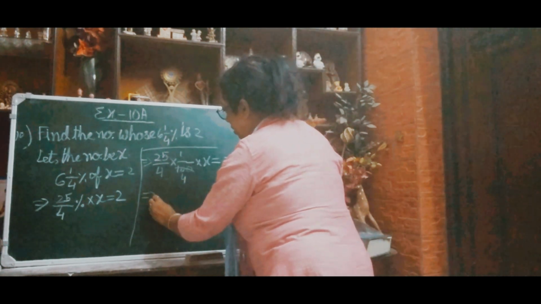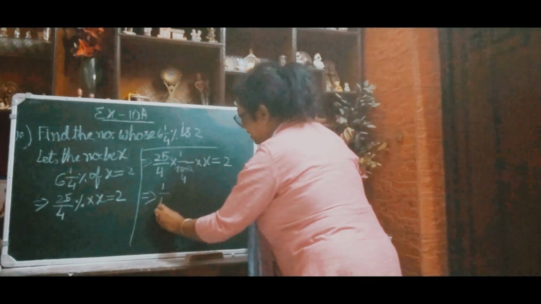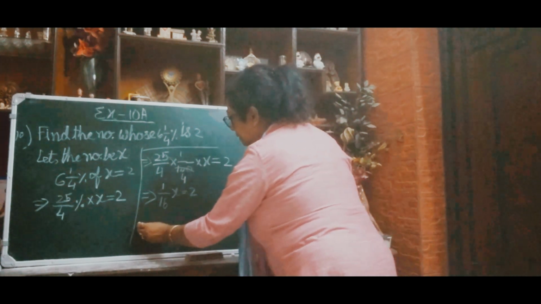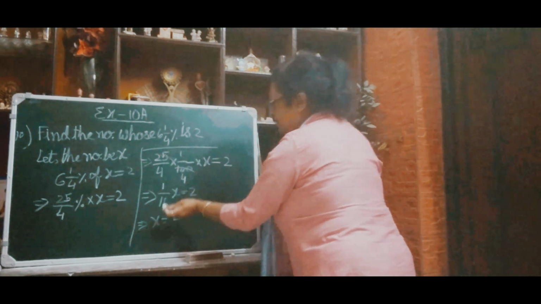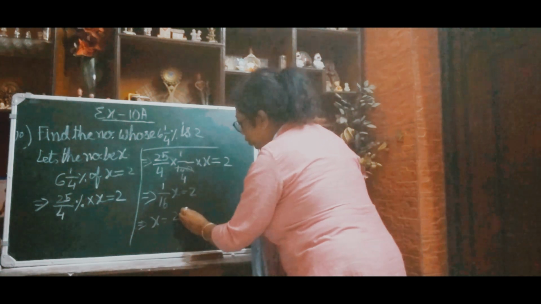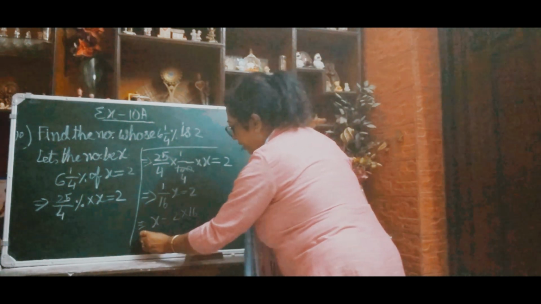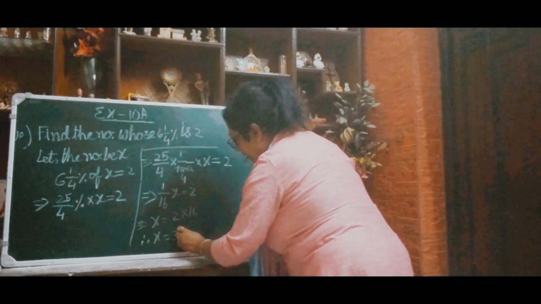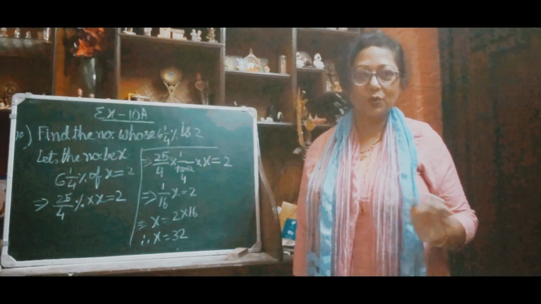So we got 1 in the numerator, and here 4 fours are 16, so x upon 16 equals 2. That implies x equals 2 into 16, so x equals 32. Our number is 32. These two sums are clear.